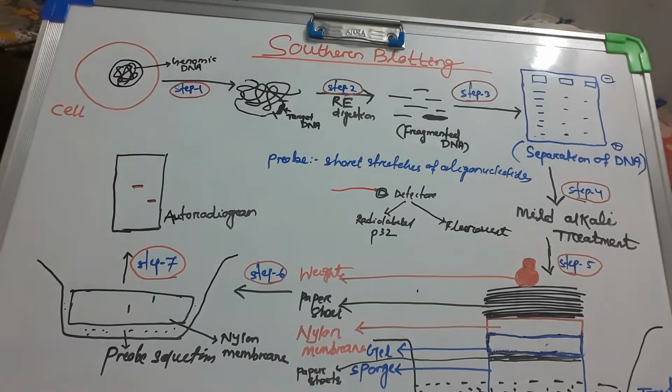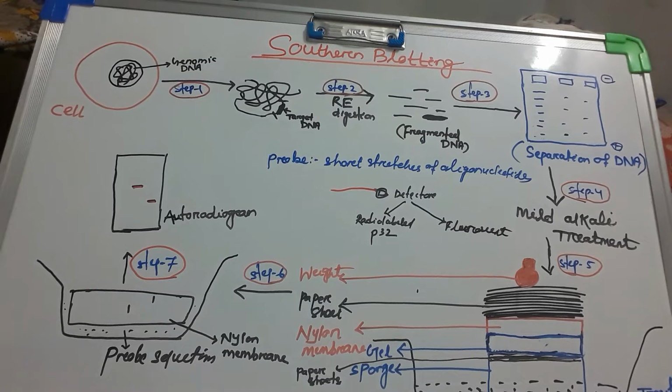The DNA is negatively charged and the nylon membrane is positively charged. So when the buffer moves, the DNA also moves, and that DNA gets trapped in the nylon membrane. After that we have to remove the weight, paper sheet, and paper towel, and take the nylon membrane for the further fixation process.